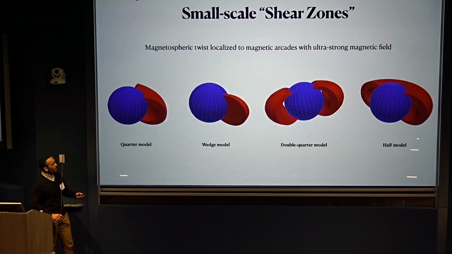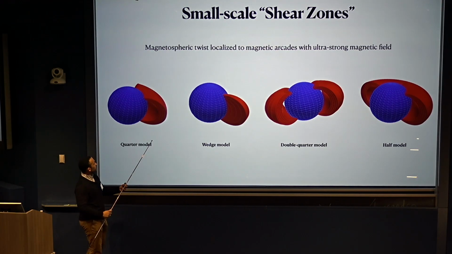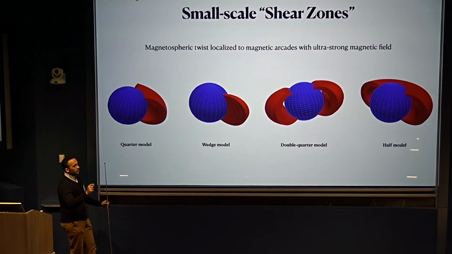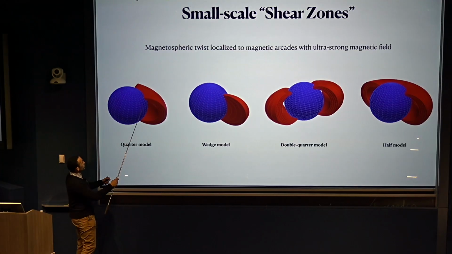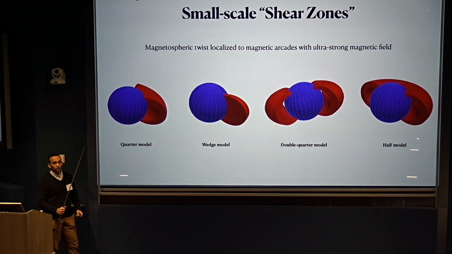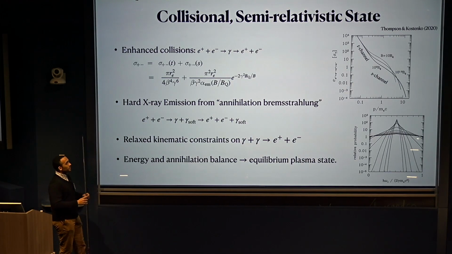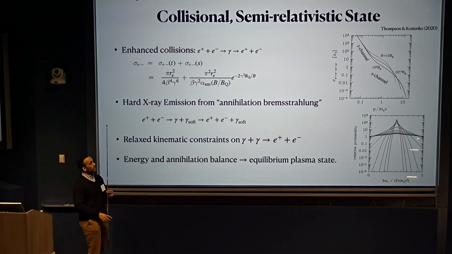And another example of that was demonstrated in these models that study these small-scale loops. By small scale here, I mean that they extend not far enough from the surface to see a considerable change in the magnetic field. So everywhere in a little loop like this, you expect a very strong magnetic field. And in such strong magnetic fields, qualitative changes to QED processes take place.